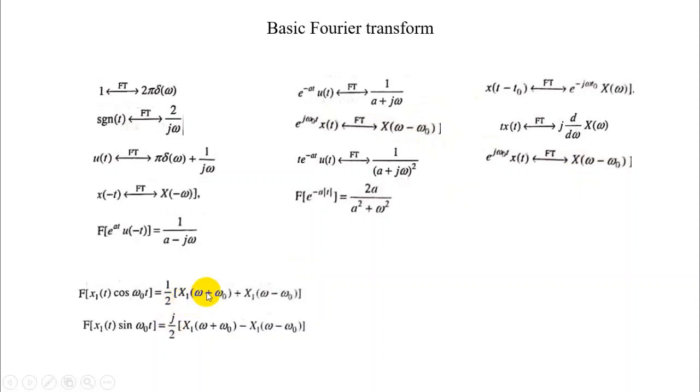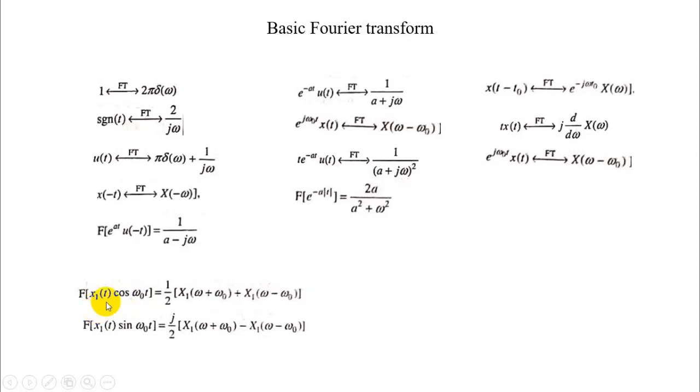So another two important properties, or I should say basic Fourier transforms. This is the modulation property. In many cases we will need to find the Fourier transform of a signal which is multiplied with cos omega naught t.